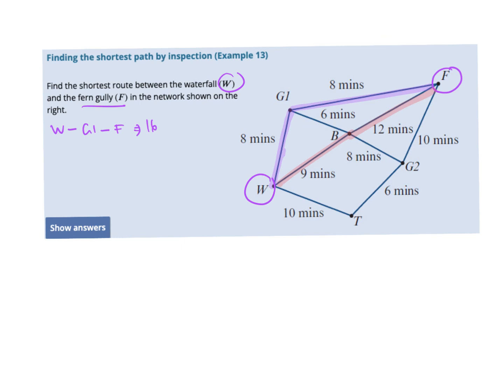I'll do it in red. So W to B to F was 21. What about this way? 10 plus 6 is 16, that would be 26. No, that's not going to work. Do we see any other quicker way? I don't think so. So what's our quickest way, the shortest path? To that one, G1. Okay.